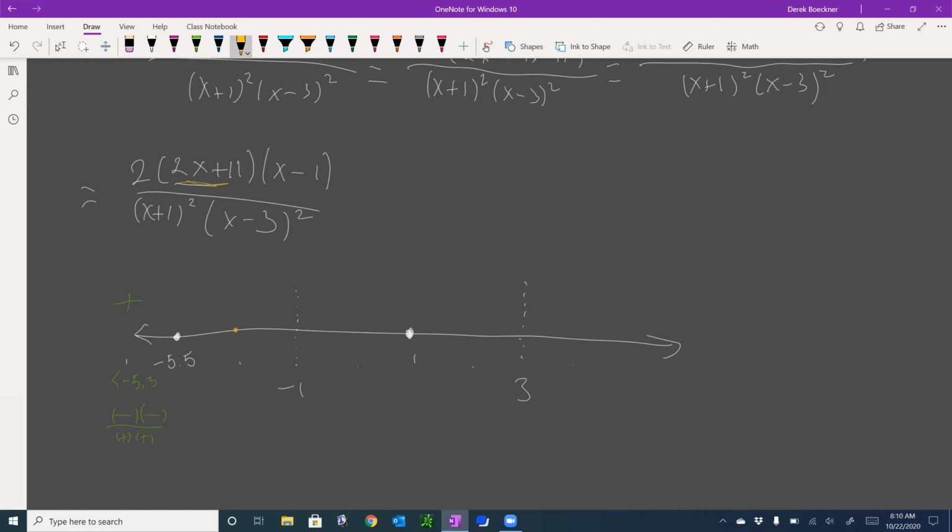This is going to be a positive bit if I put something in there. You good with that? Okay. So it'll be positive there. And x minus -1, that will also be negative still because I'm taking a negative number and I'm subtracting 1 from it. Denominator is still positive. So this interval is going to be negative. All good there?